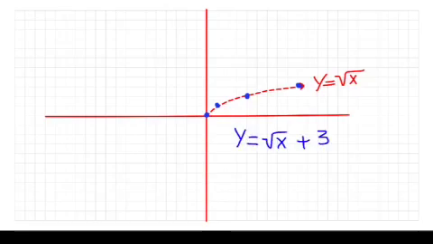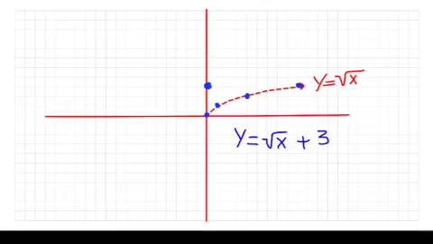Here's a fairly simple transformation. We've added the number 3 outside of the square root sign. We say that's outside of the function because the addition of 3 happens after you take the square root of x. Anytime you add or subtract on the outside of the function, that's going to cause the graph to be translated or moved up or down. In this case, because it's plus, it's going to be up 3. So our new end point is now going to be located right here, up 3.